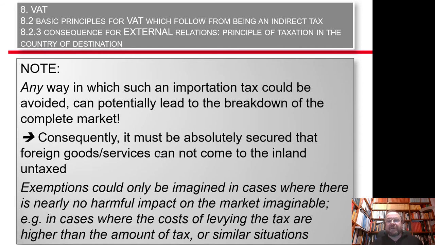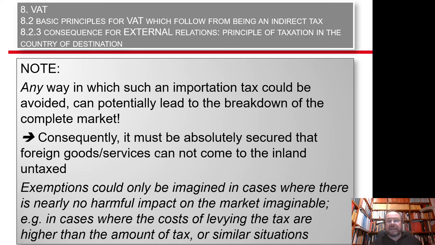The amount of tax would be too small, and the costs of the tax declaration procedure would be so high that this would be self-destruction of the state, and the one single chewing gum would be harmless for competition because it's just a rare and unimportant event.